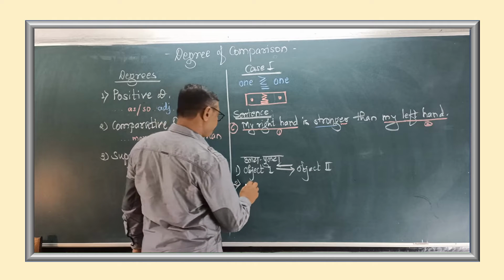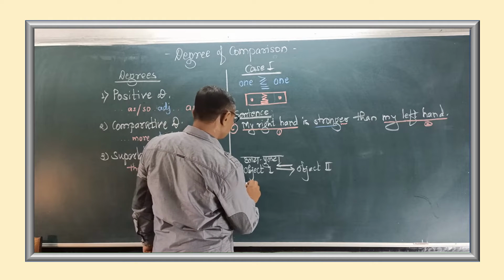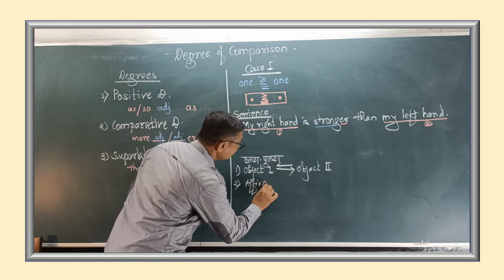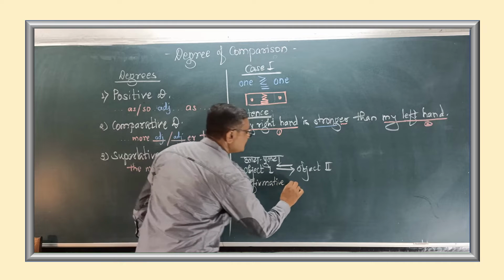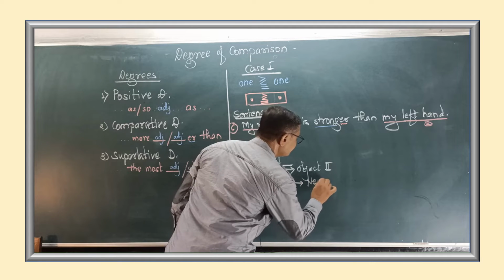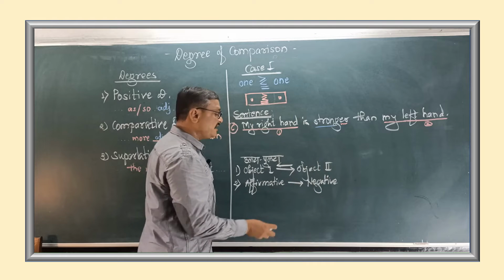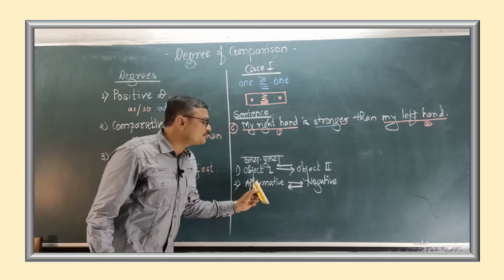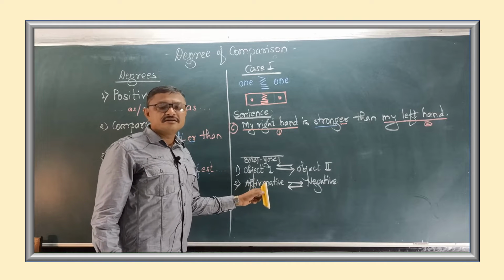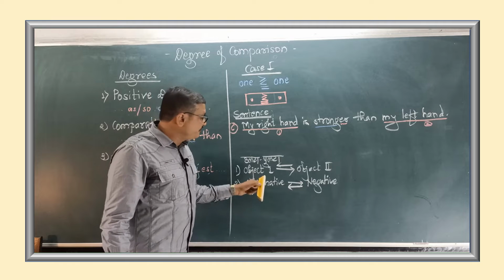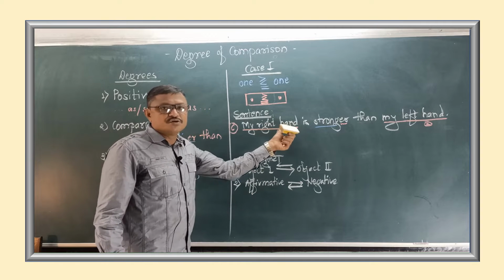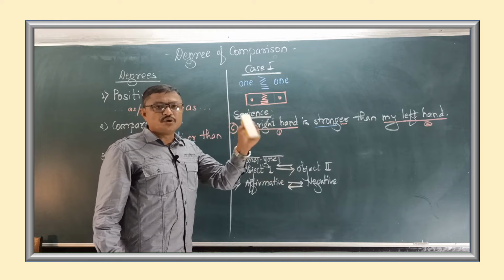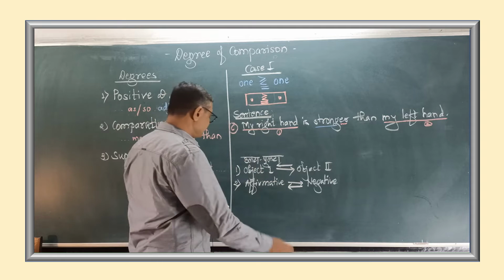The second thing, if you are given an affirmative sentence, it becomes negative, and a negative sentence becomes affirmative. Affirmative means positive sentence, the sentence having no negation in it. If in this sentence there is no negation used, when you change its degree, you will have to use negation, no, not, never, whatever will be necessary there.